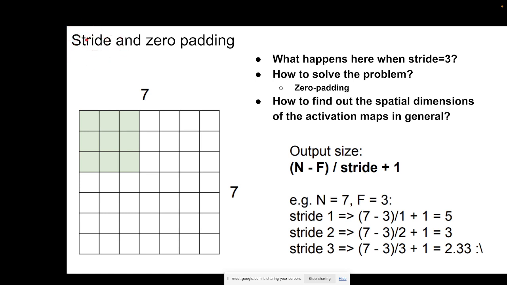You can even put stride to be 2. What do I do there? Very easy. This is the window that I always start with. Now instead of moving to the next one, I leave this one out, I put a gap of 1 and take 2 steps and go here. So my next window starts with this.